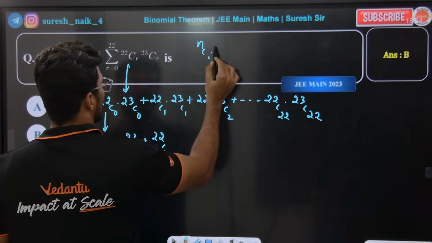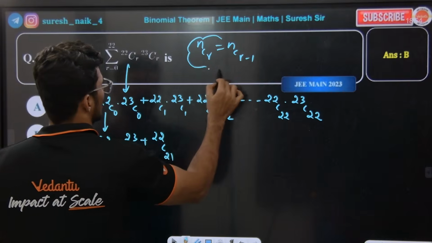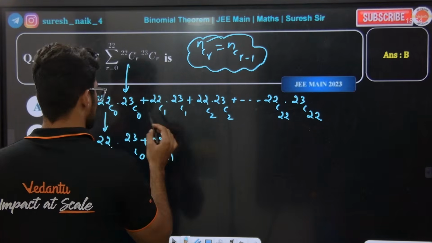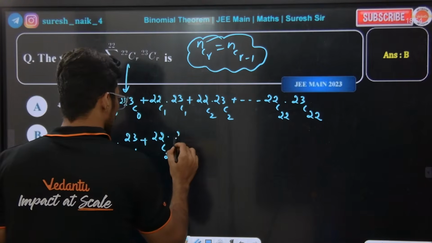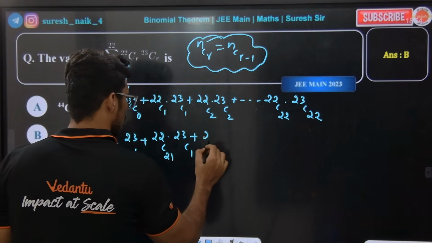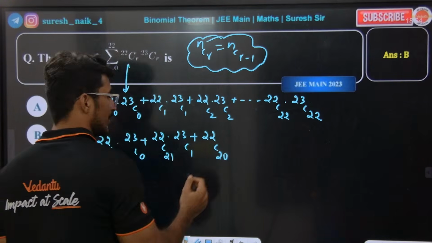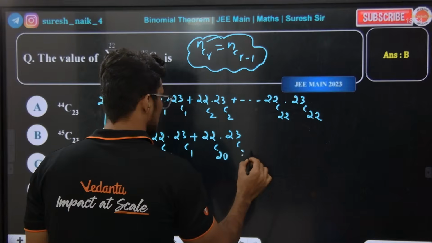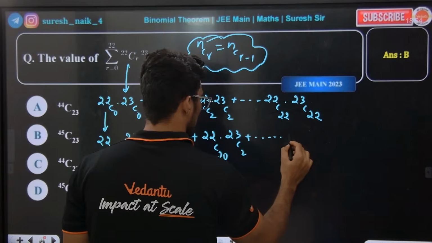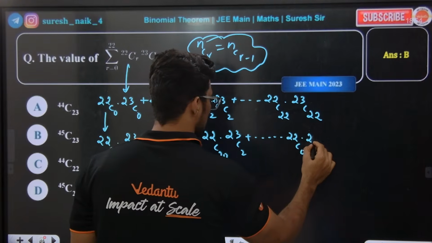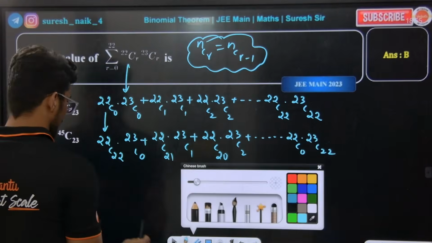This is the property I'm applying here. 22C2 can be written as 22C20. Next 22C0. Yes or no? You tell me.